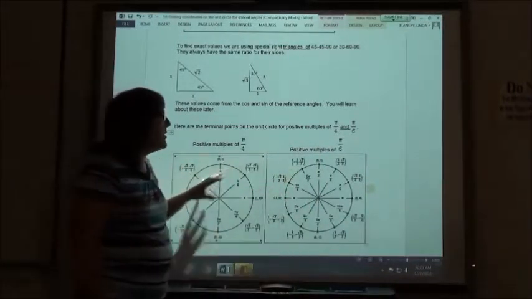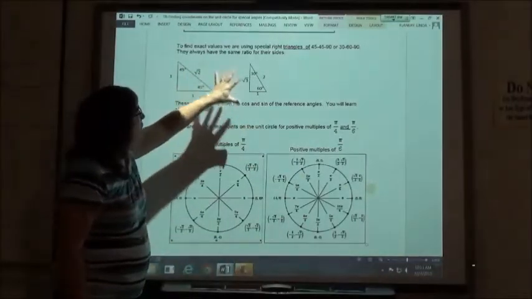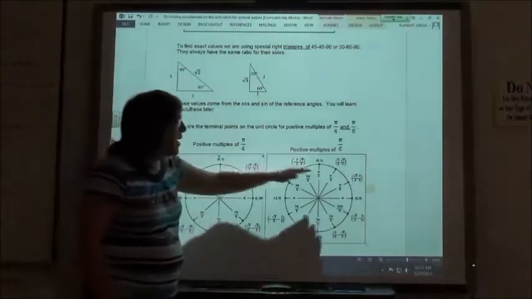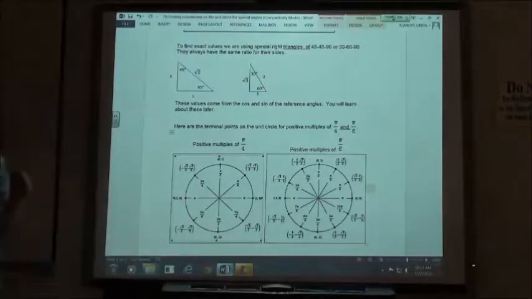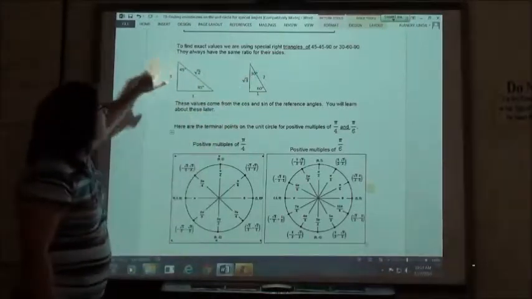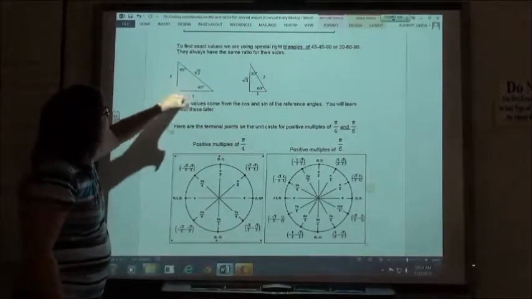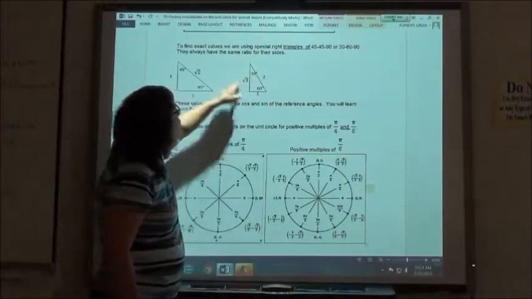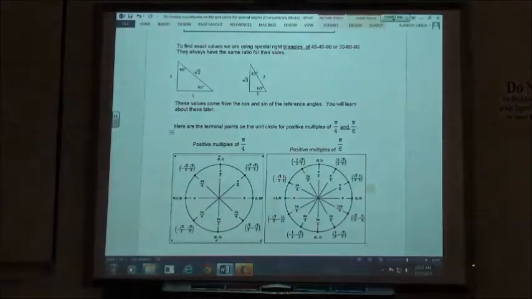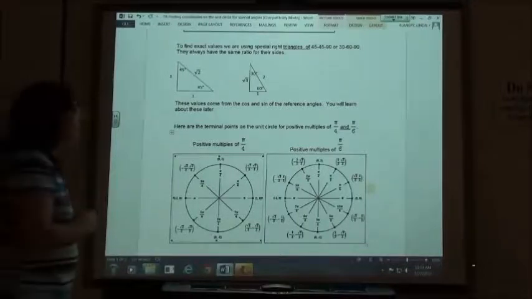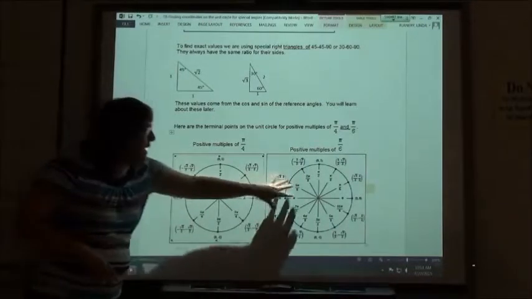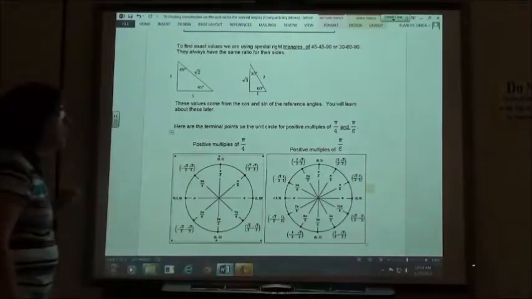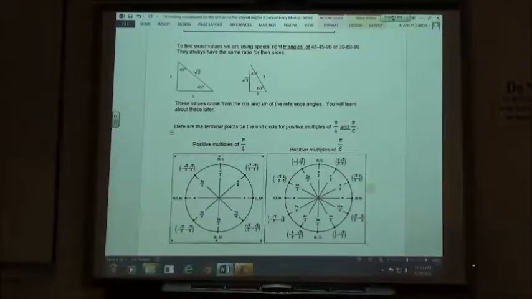So you might want to just print out my note sheets, but try drawing your reference triangles and then double check by looking at their chart to see if you're getting the same answers, so that you get used to the reference triangles, and that the 45, 45, 90 is 1, 1, square root of 2, and that the 30, 60, 90 is 1, 2 is the hypotenuse and the square root of 3, and then doing the cosine for the x value and the sine for your y value. And so for right now on ALEX, they're just going to give you the chart so that you can kind of look at it, but you want to get used to your reference triangles.